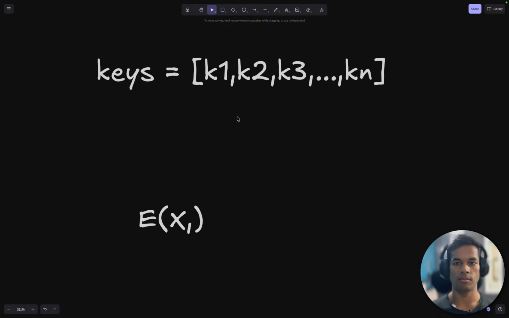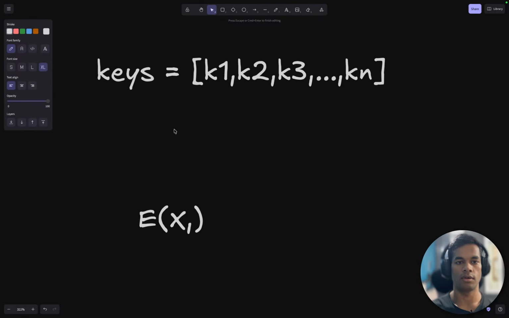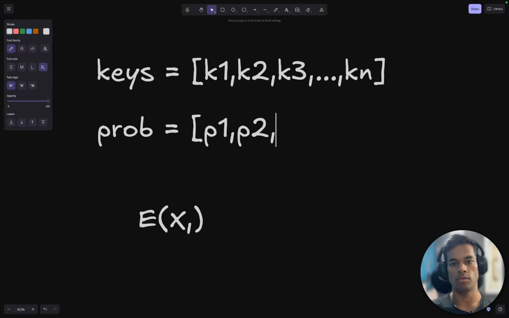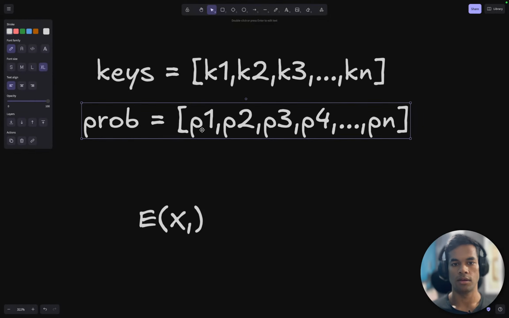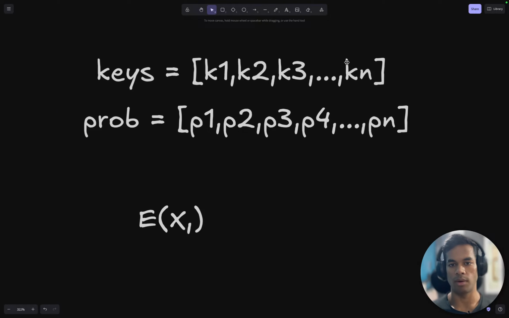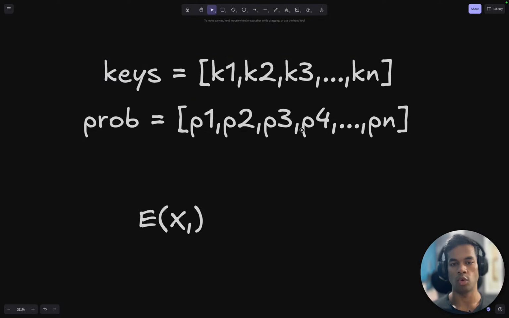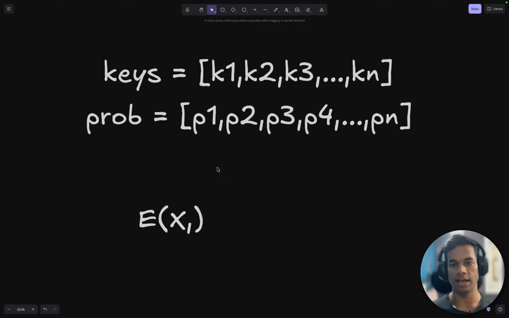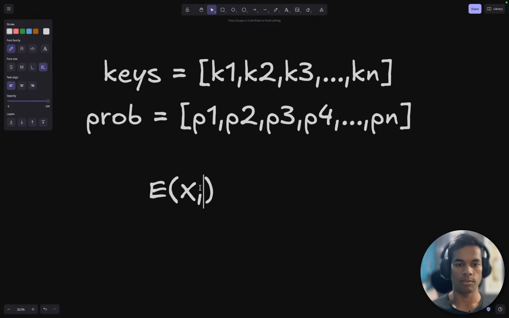These are the keys. And then we have probabilities p1, p2, p3, p4, dot dot dot till pn, and pi is the probability of lookup for the ki-th key. And this expected value function takes in the keys and the probabilities and returns a value.